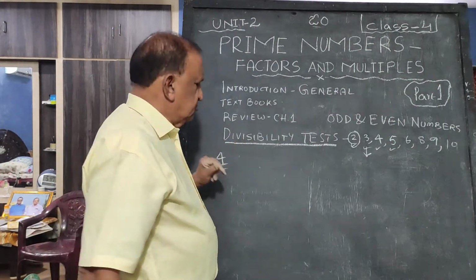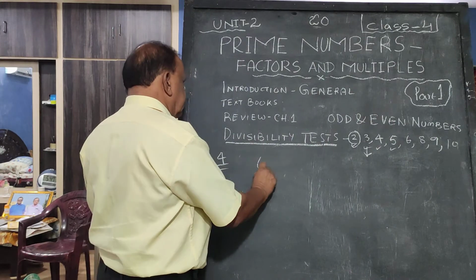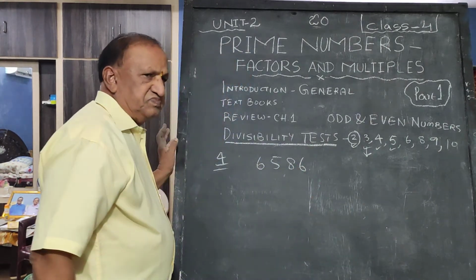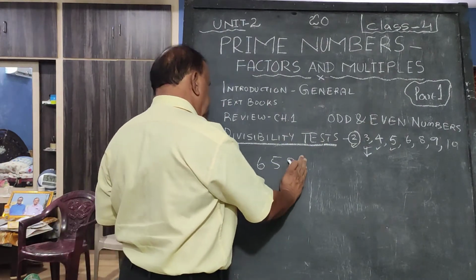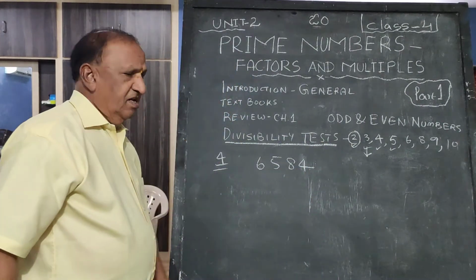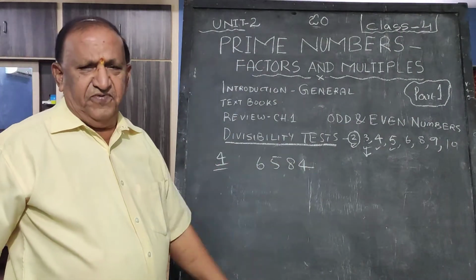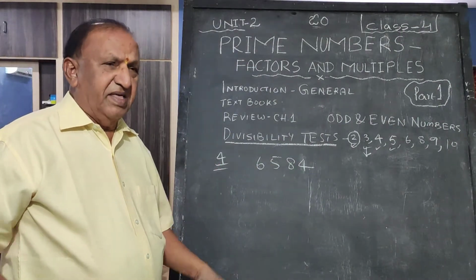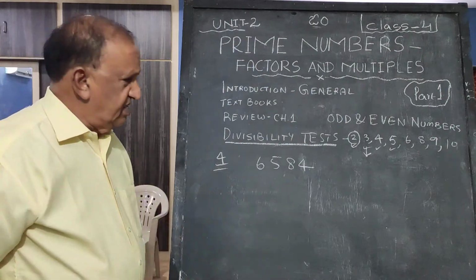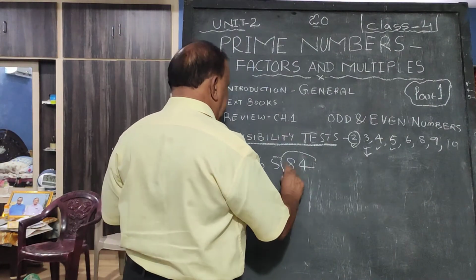4 is easy. Suppose you take 6,584. I want to find out whether this number is divisible by 4 or not. All you have to do is take only the last two digits.